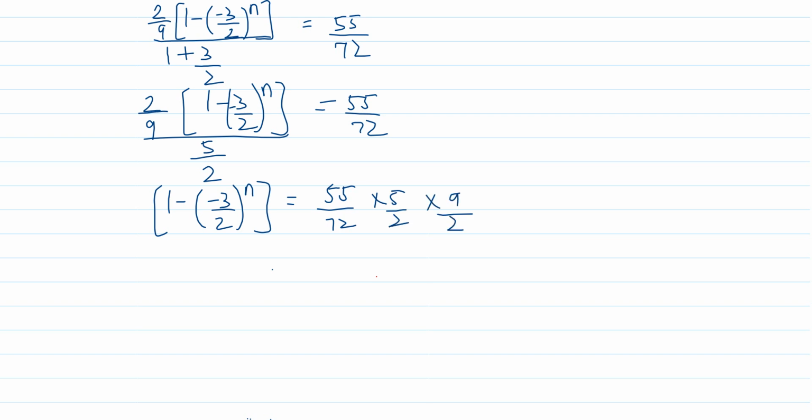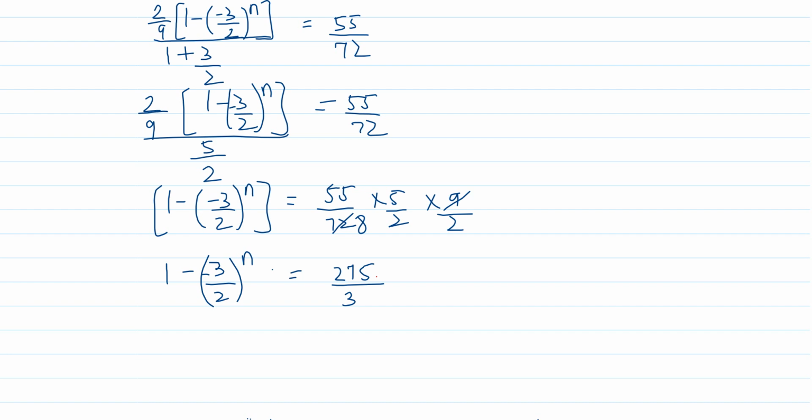Okay, so 9 eights are 72, and I get here 1 minus minus 3 upon 2 the whole raised to n is equal to 55 into 5, which is 275 upon 32.